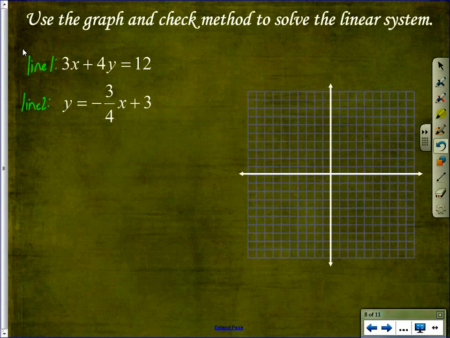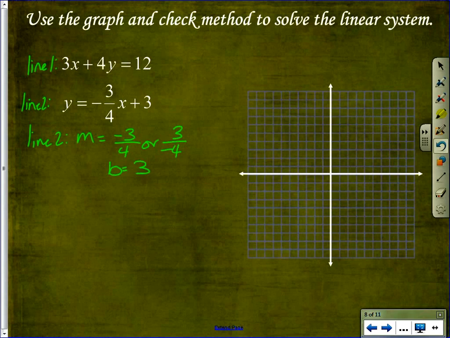So I'm going to go ahead and start with line 2 since it's already in the right form. Is that okay with you guys? What's my slope? -3/4 or 3/-4. What's my y-intercept? 3.